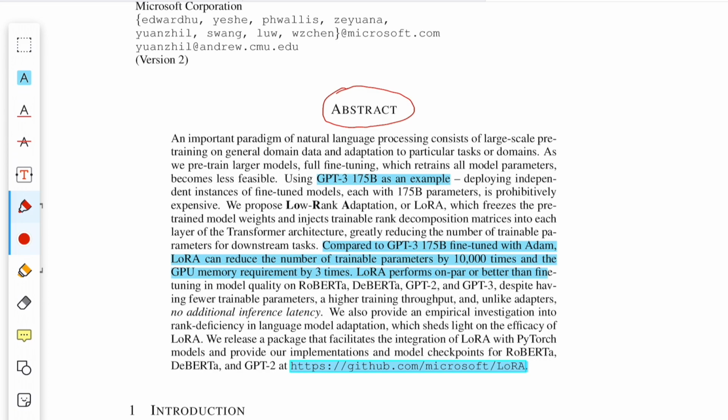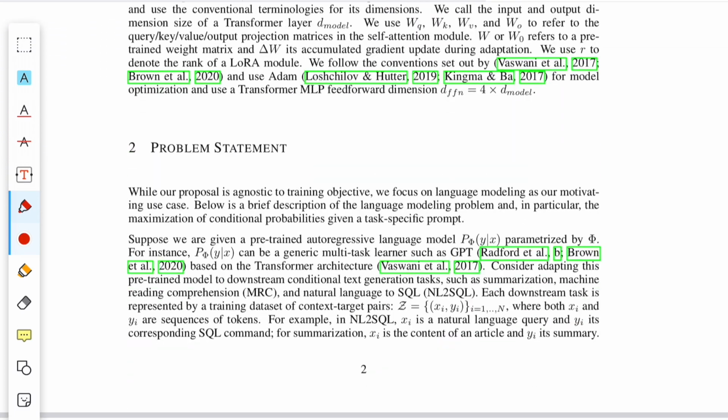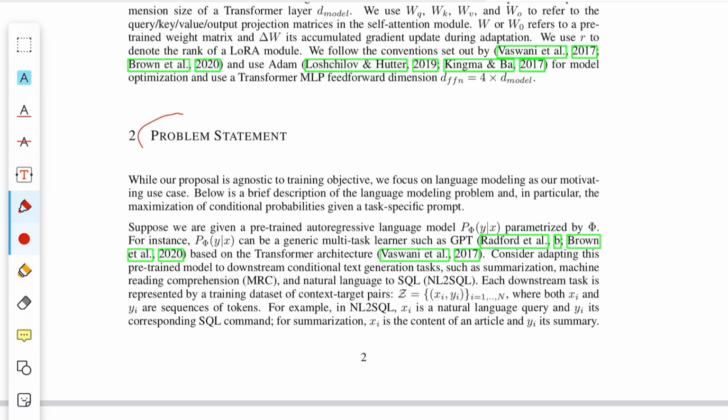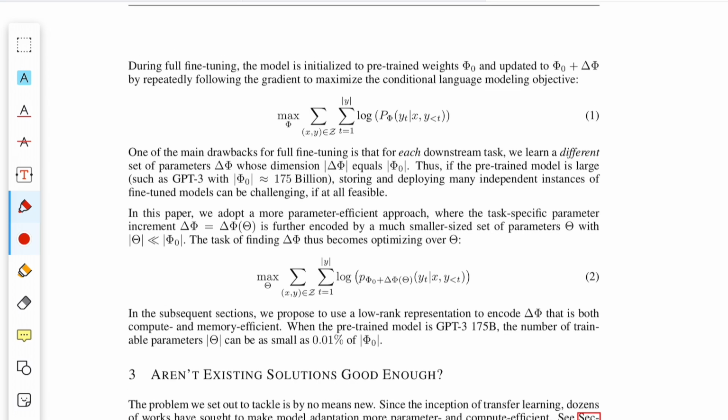Before we dive into the algorithm, let's look at the training problem, the problem statement. So we can see some detail about the training problem. Basically, this is the objective function. Don't be scared.